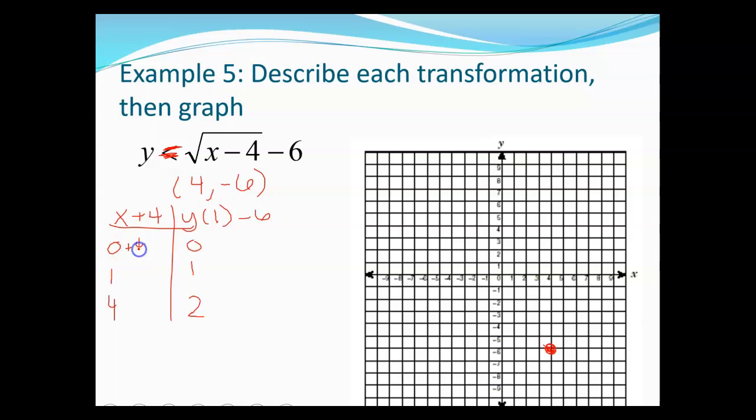So plus 4 is your 4, minus 6 is your negative 6, plus 4, plus 4. So you have 5 and 8, minus 6, negative 4, negative 5. Again, the x's are changing quicker than the y's. So you have 5, 8, and 5, negative 5, and 8, negative 4.